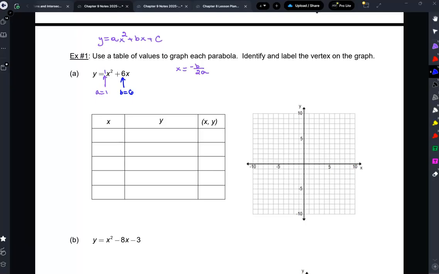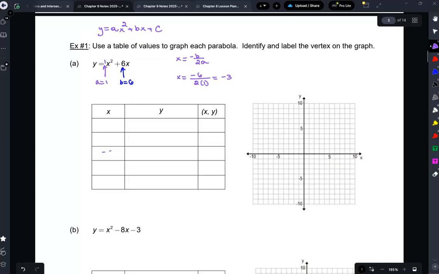So now, x equals negative b, 6, over 2 times 1. Negative 6 over 2, negative 3. I take the negative 3 and I put it in the middle. Now, look on the graph, right?